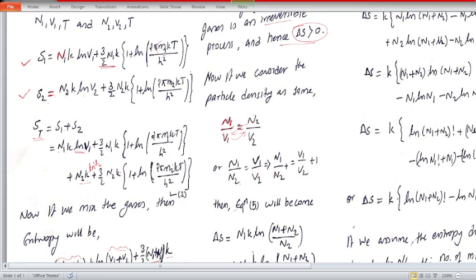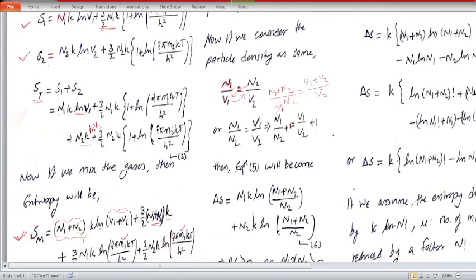Adding 1 to both sides, n1 by n2 plus 1 equals v1 by v2 plus 1. This can also be written as n1 plus n2 divided by n2 equals v1 plus v2 divided by v2.